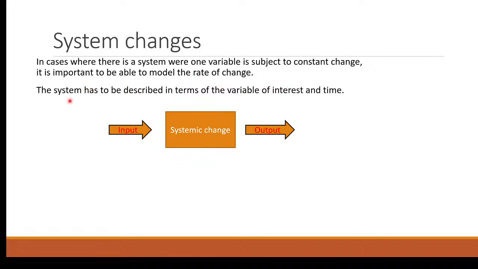The system has to be described in terms of a variable of interest and time. So if we look at this whole mixing problem, that's what we're talking about here.